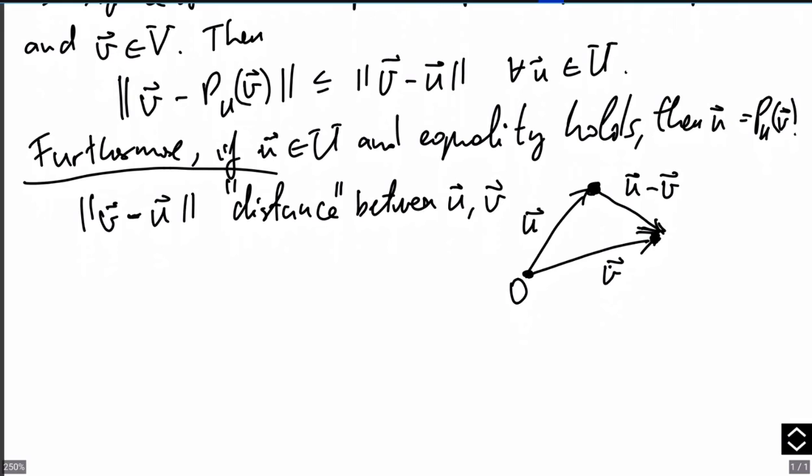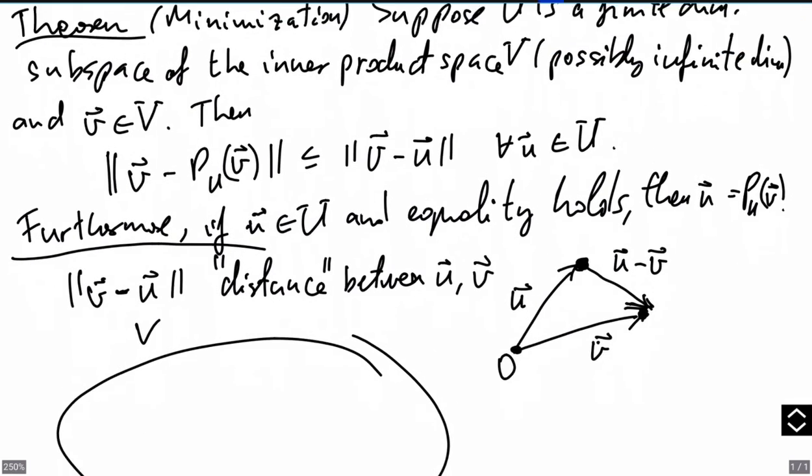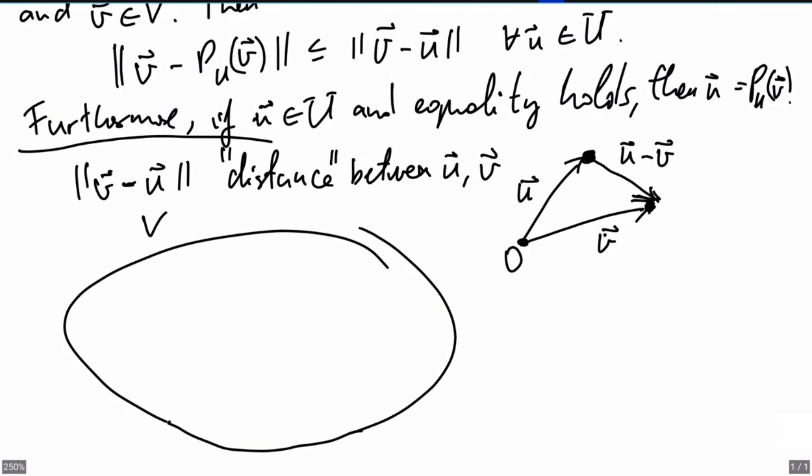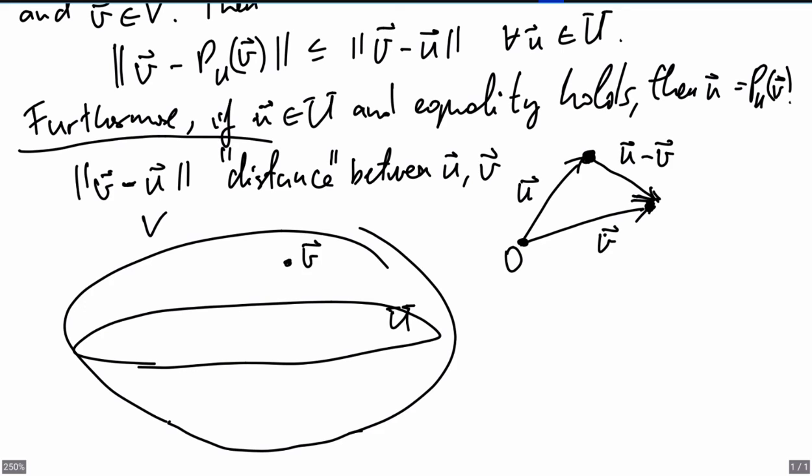And then the picture is that we have a big space V, which has a finite dimensional subspace U in it. Then we have a vector v, and we check the distance between v and the vectors u from the subspace U. So if we check this distance, or this distance, or this distance, for all the different vectors u1, u2, and so on, then we get the shortest distance that's possible, which is, by the way, the definition of the distance between a point and a set.